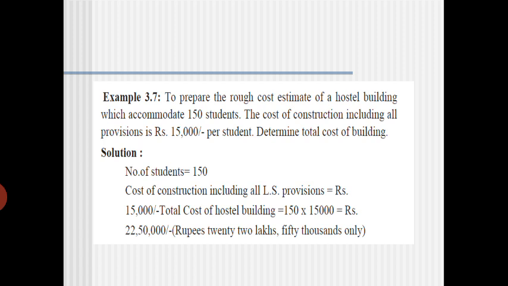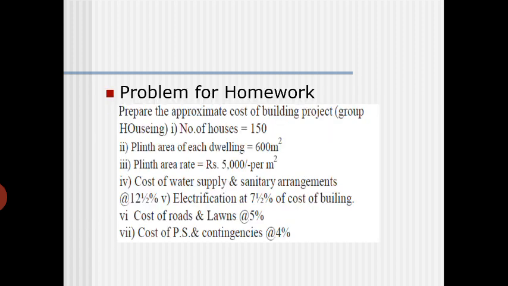This is per student. So in total it is 22 lakhs 50,000. It's a very simple calculation: number of students into per student, how much cost we are making the provisions.